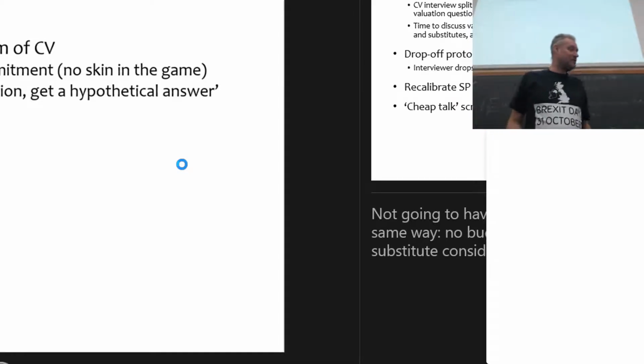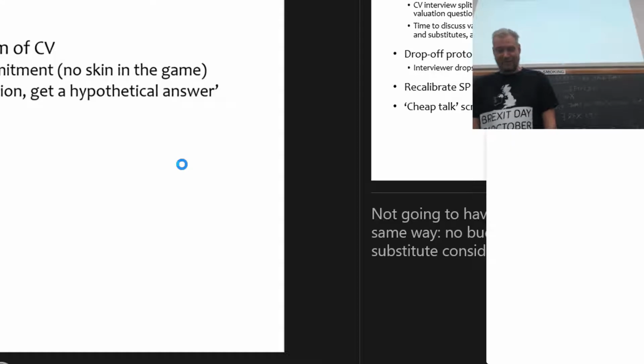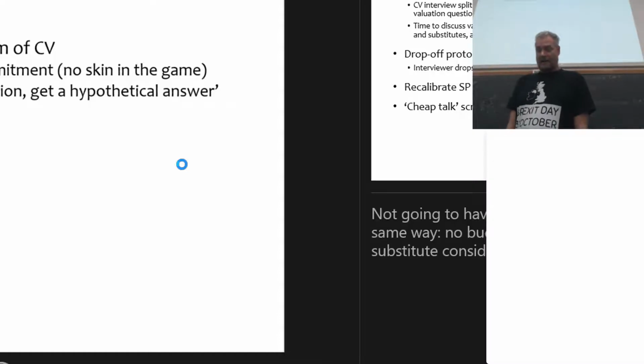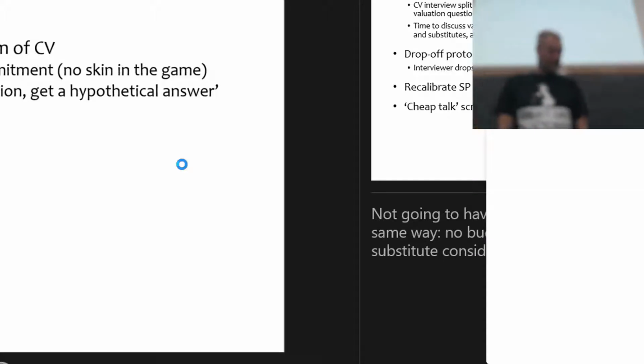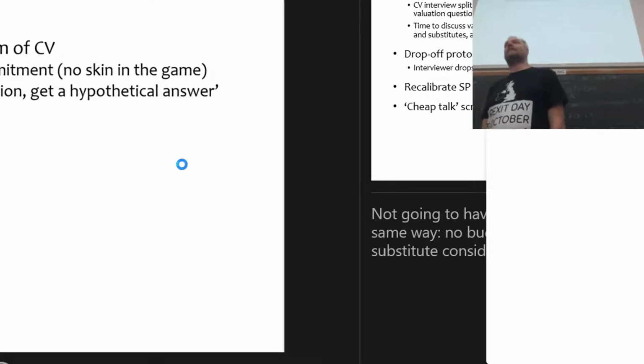As I said, the most persistent criticism of contingent valuation is that there's no economic commitment. People do not necessarily put their money where their mouth is, right? One interesting experiment that was done was that there were interviewers in the parking lot of a castle.